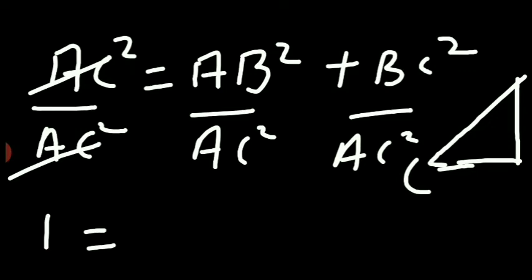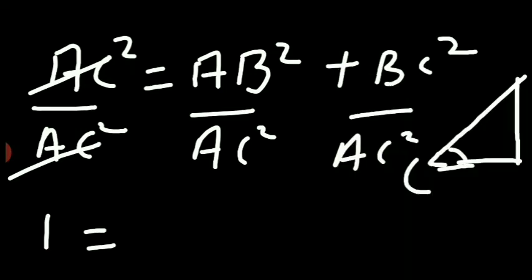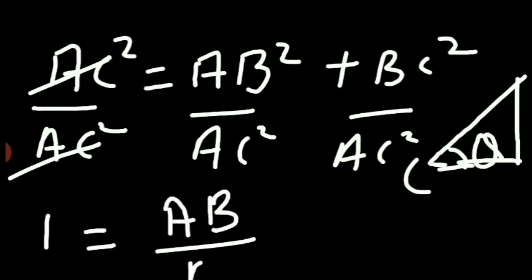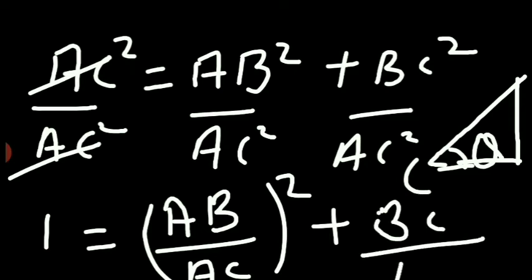What is AB here? Suppose this angle is theta, so for angle C, AB is the perpendicular and AC is the hypotenuse. So perpendicular upon hypotenuse is sin theta. We can write AB square upon AC square in this form: AB upon AC whole square, and BC upon AC whole square.